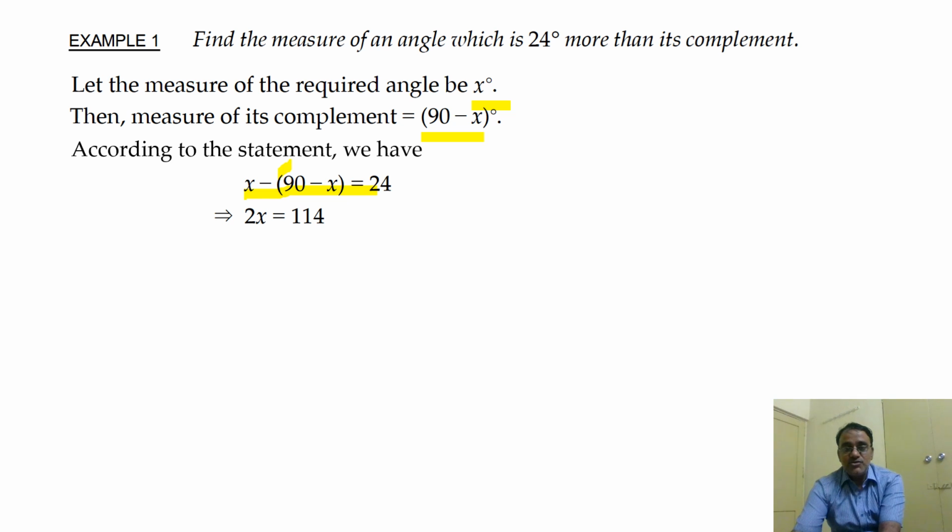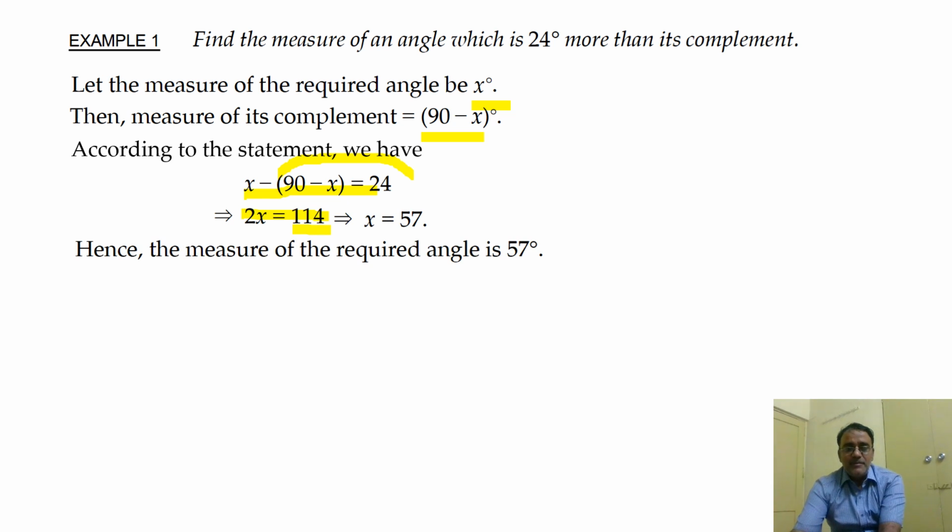Minus 90, if we shift it to the right side, it will become plus 90. And 24 plus 90 is equal to 114. So finally we get 2x equals 114, which implies x equals 57 degrees. So the measure of the required angle is 57 degrees.